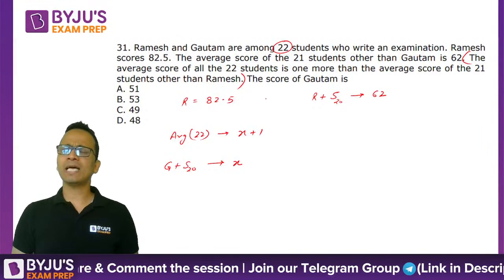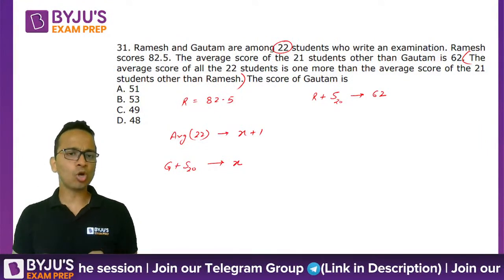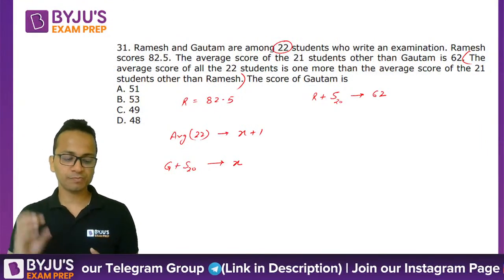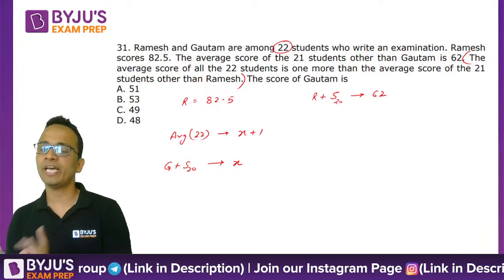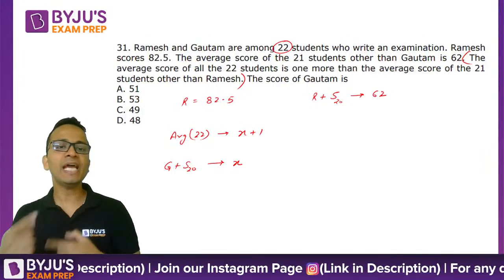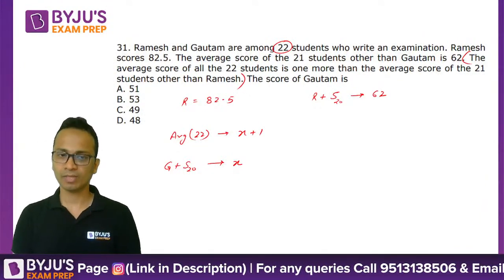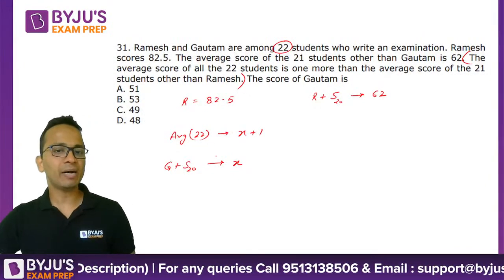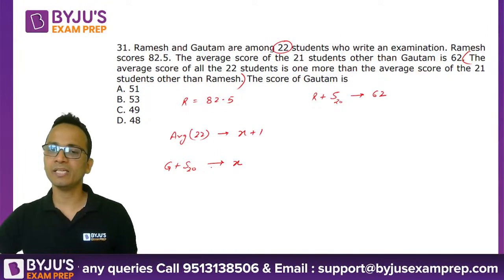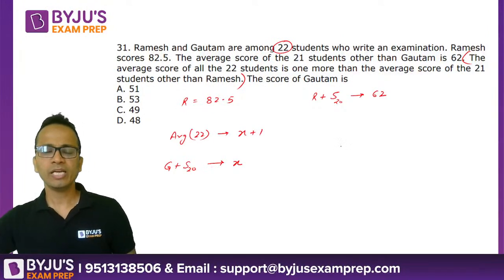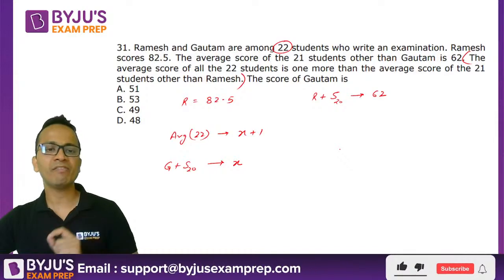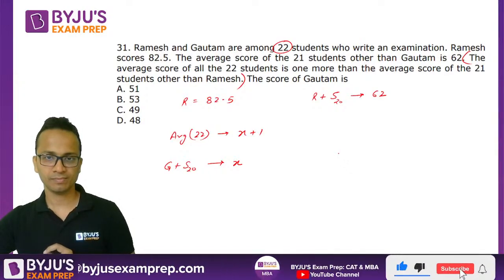So I can say that without Ramesh the average is x, and after Ramesh's entry the average increased by 1. Right?